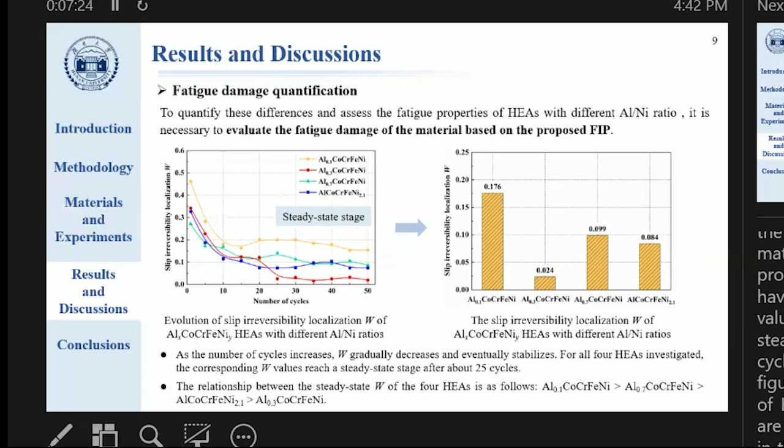Second, the W of four HEAs with different compositions are different, as shown in the right figure. This indicates that the proposed FIP is sensitive to the compositional changes.